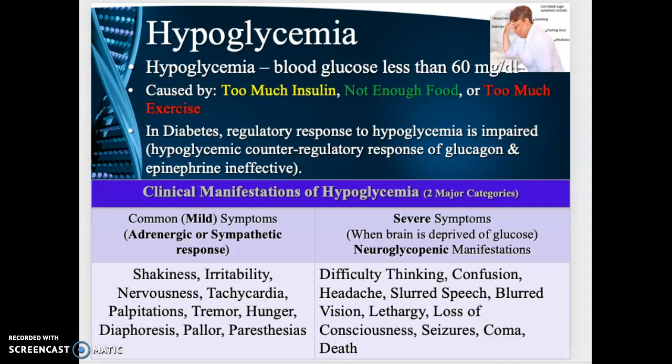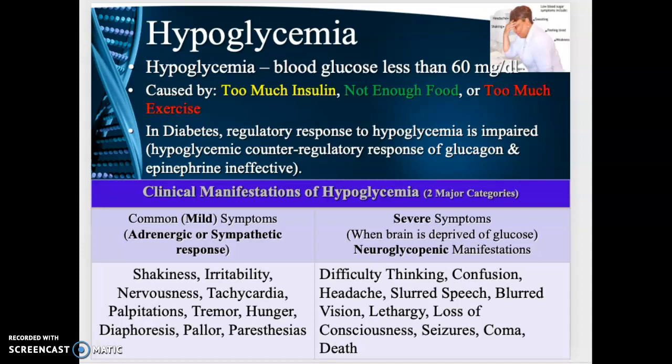And it's most commonly caused by too much insulin, but it can also be caused by not enough food or too much exercise. For those of us that have normal metabolism, our bodies will go into what we call a counter-regulatory response, and it will prevent hypoglycemia from happening. But in diabetics, this counter-regulatory response does not work.